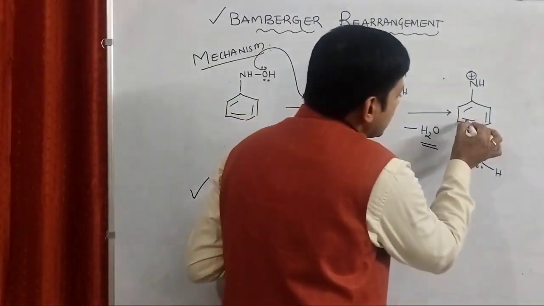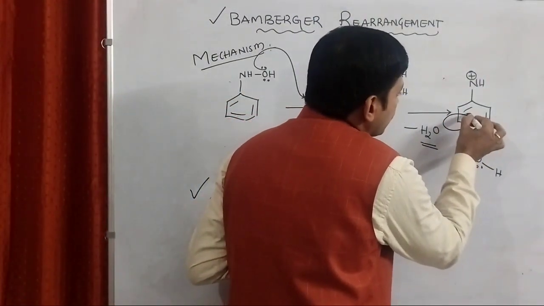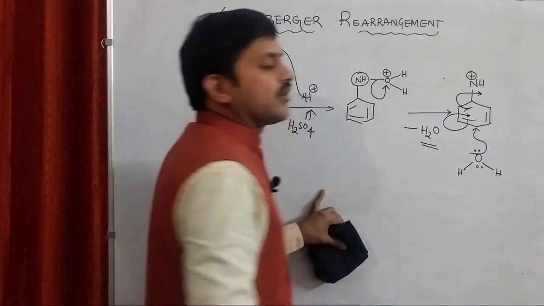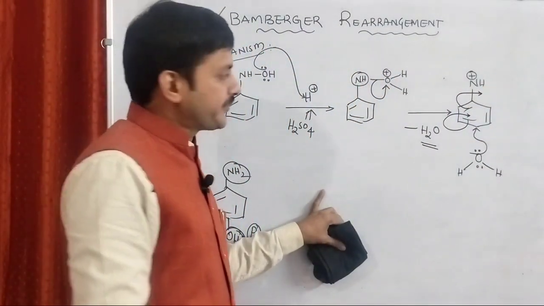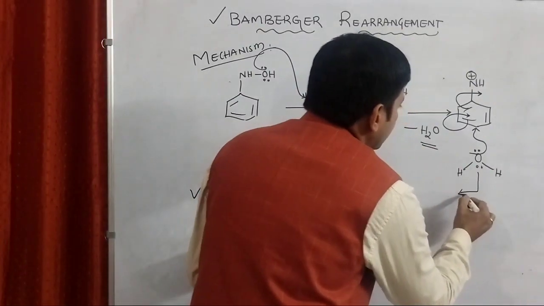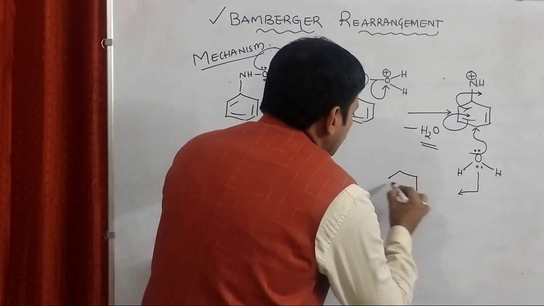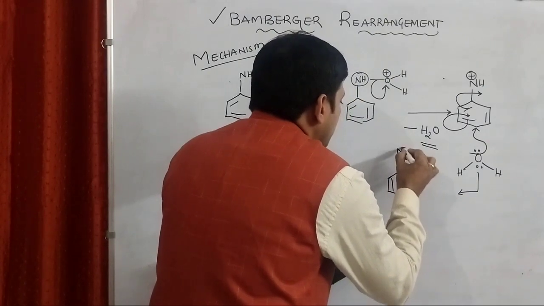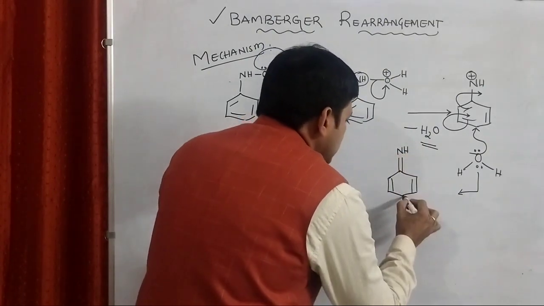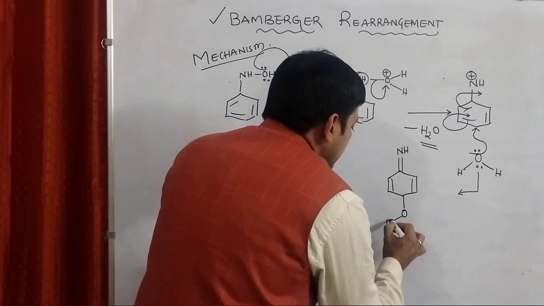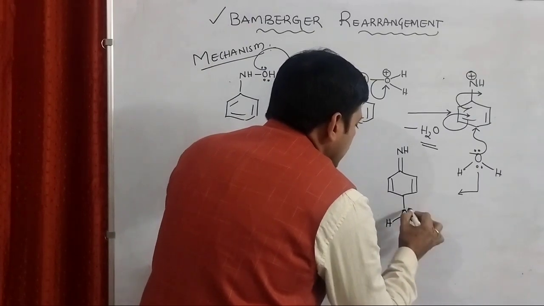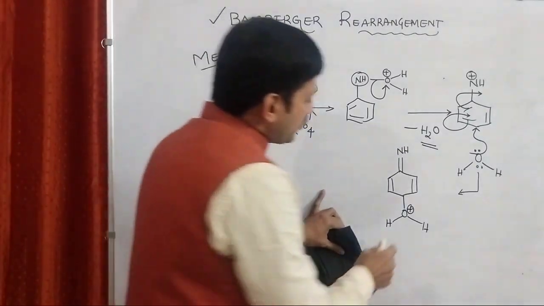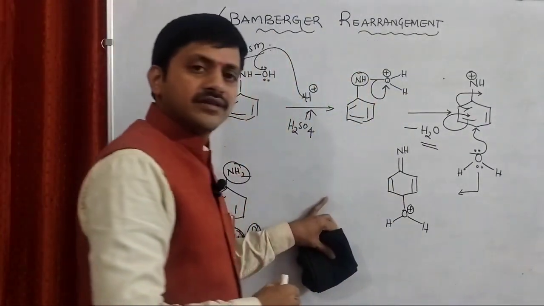Thereby what happens? These pi bonding electrons can form a pi bond like this, and these pi bonding electrons can form a pi bond in this way. So that we will come up with this kind of moiety. Pi bond, double bond, NH, single bond oxygen, hydrogen, and this will become a positive charge. We know that again oxygen is having the positive charge.